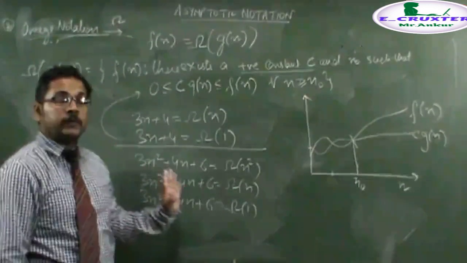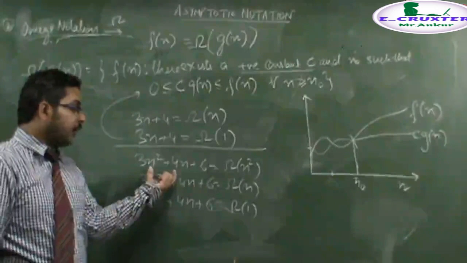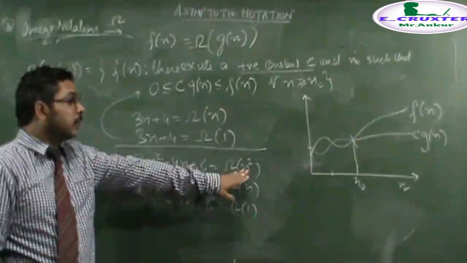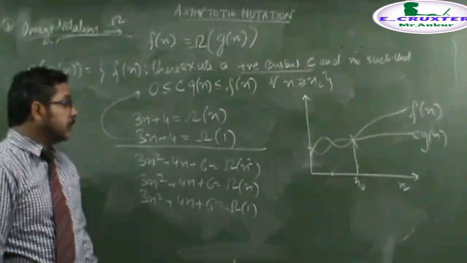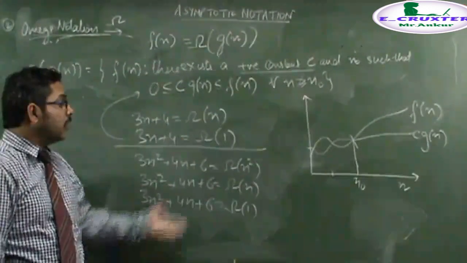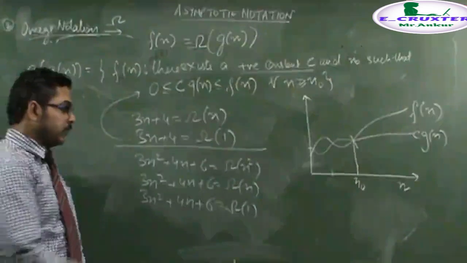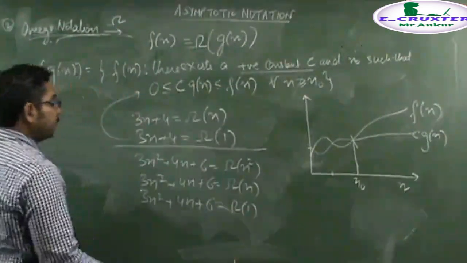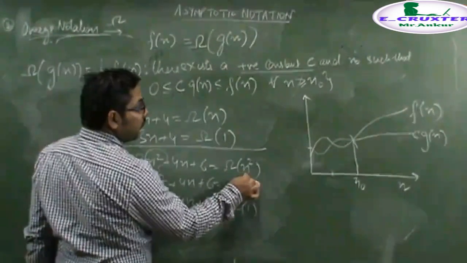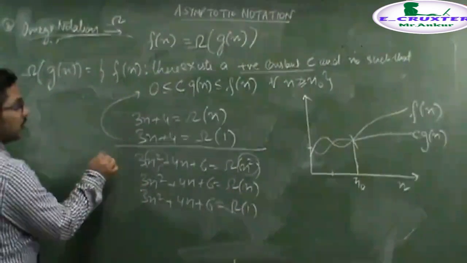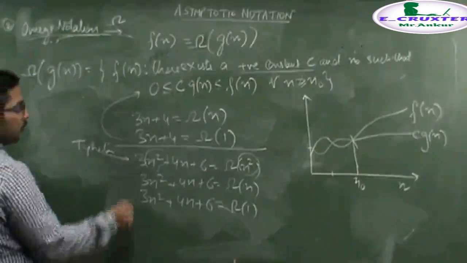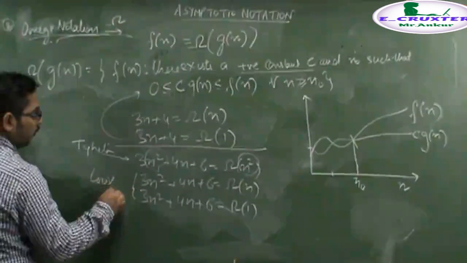That is, if the function is quadratic, then a quadratic function can act as a lower bound for it, and other functions of lower degree than the quadratic will also act as lower bounds. But if the function is of degree 2 and the bound function is also of degree 2, then these are known as tighter bounds, and the others are known as loose bounds.